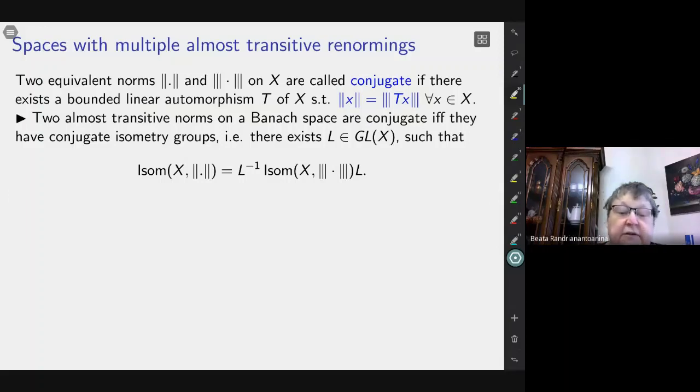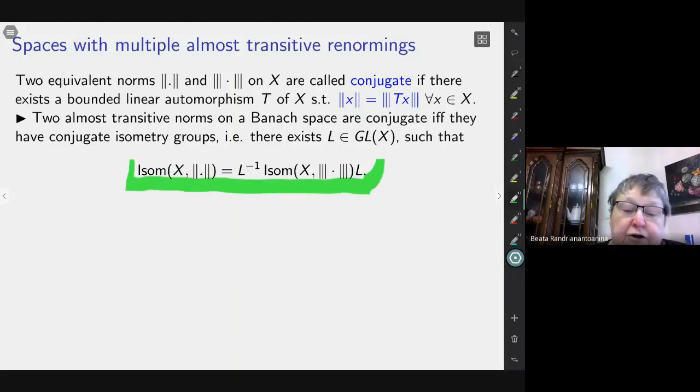So if two norms satisfy this condition, I will call them conjugate. So they are technically different norms, but not really. Another way to say that they are conjugate is to say, well, because we have isometry groups and there is an algebraic meaning of the word conjugate, which is this one. So are this and this the same condition?